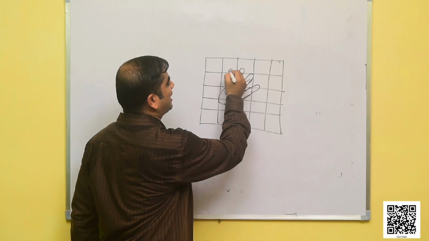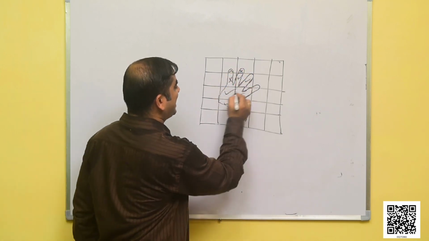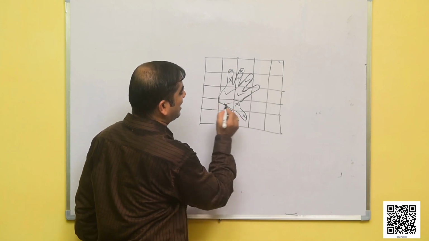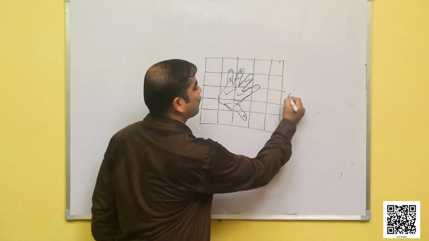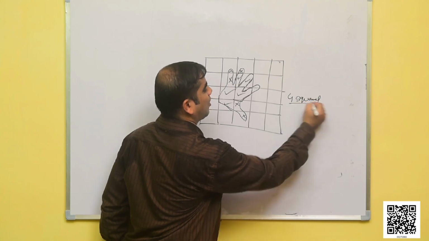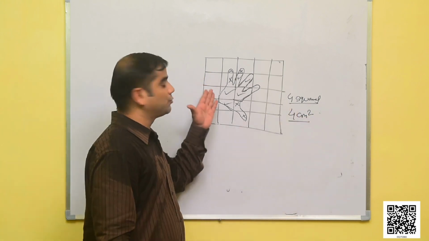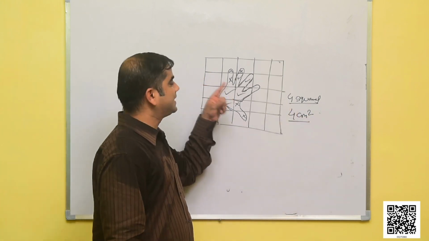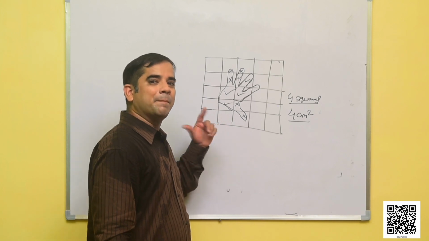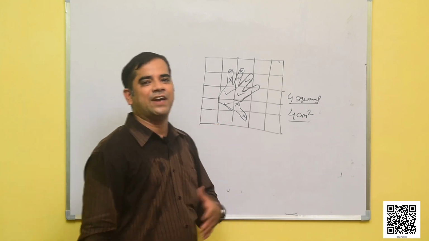This is not included, this is not included, this is not included. So I have 3 squares and here 1 square. So total 4 squares, or the area is 4 centimeter square. So when I spread my palm, this is the area occupied by my palm. You can also do it by yourself and find out different areas.